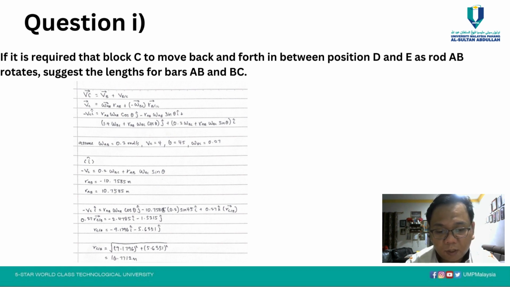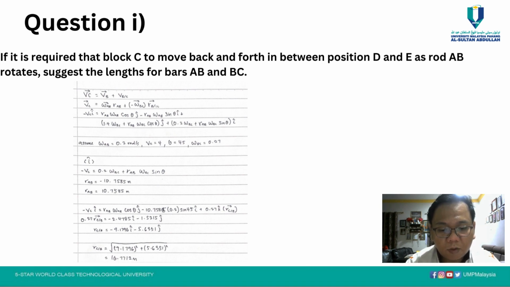For the assumption, I use omega AB equal to 0.2 radian per second, VC equal to 4, theta equal to 45 degrees, and omega BC equal to 0.27. For the i hat part, negative VC equals 0.2 omega BC plus RAB omega BC sin theta.